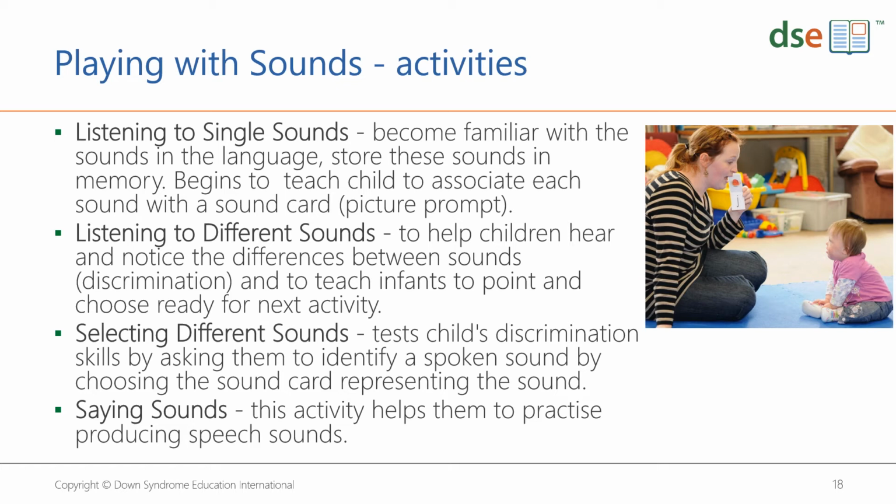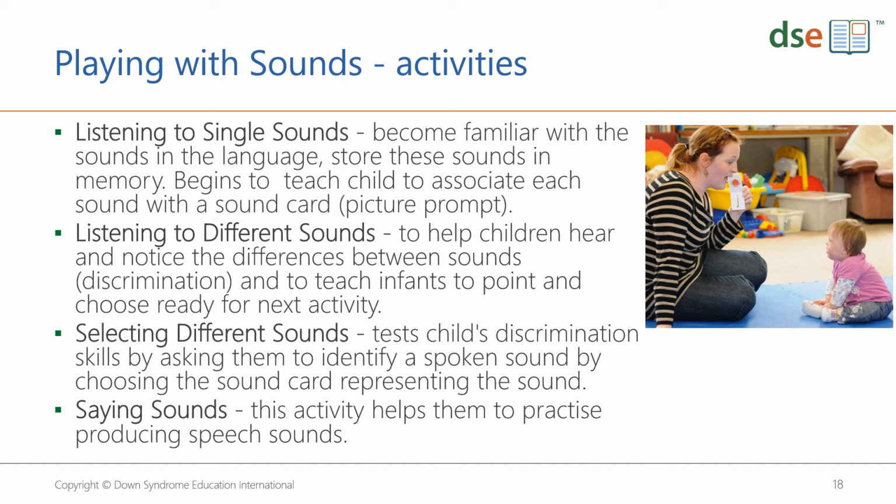Now, activity 2, listening to different sounds, we've put in particularly to give the very young children the opportunity to start listening to sounds that are compared. So again, 2 sounds, 2 cards and 2 sounds. But at this point, we're not testing their discrimination. They can choose either card.